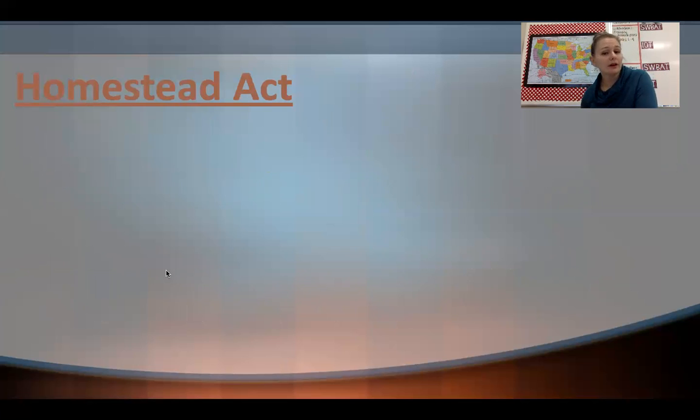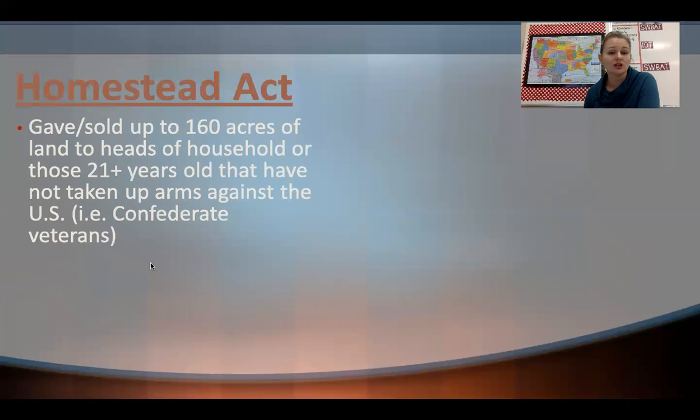One of the other pull factors that I told you about was the fact that land was either going to be free or cheap. And one of the reasons this happens is because of the passing of a law called the Homestead Act. Now, the Homestead Act sold up to 160 acres of land to men 21 years of age or older that had not taken arms up against the United States, meaning that they weren't a part of the Confederacy.